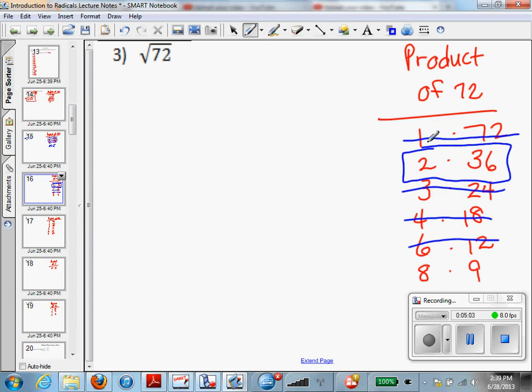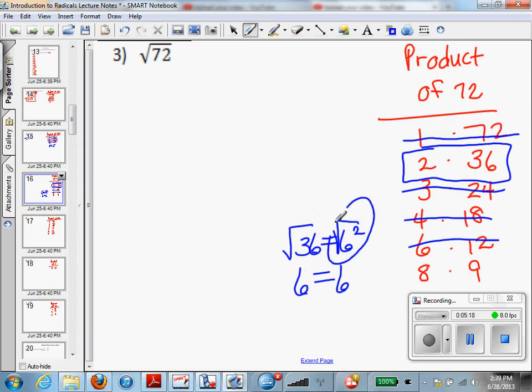So you can think of the 36 being equal to 6 squared, knowing that if you square root both sides, you're going to get 6 equals 6, because the square root and the square cancel each other out. So what you want to pull out is a 6 from the 36 being square rooted, and inside you have to leave what you weren't able to work with, or just the 2.